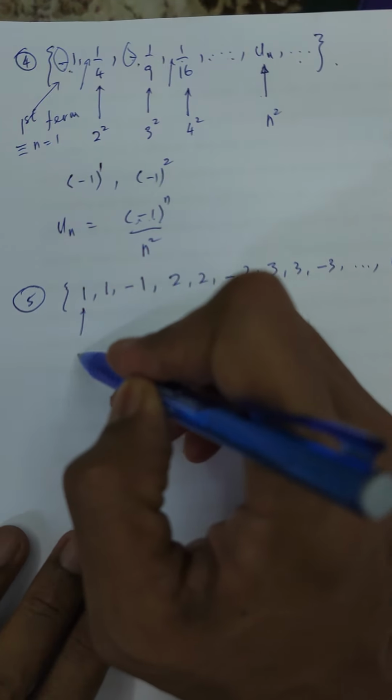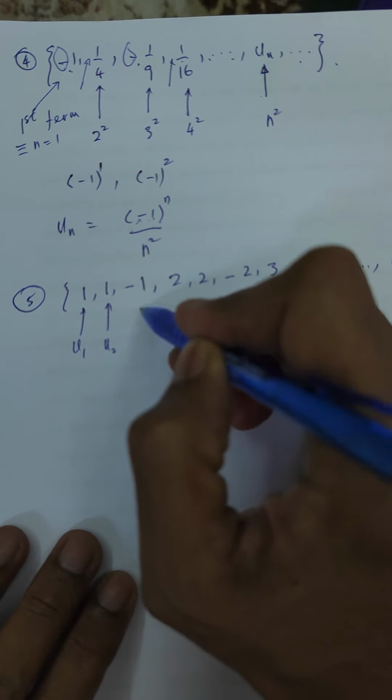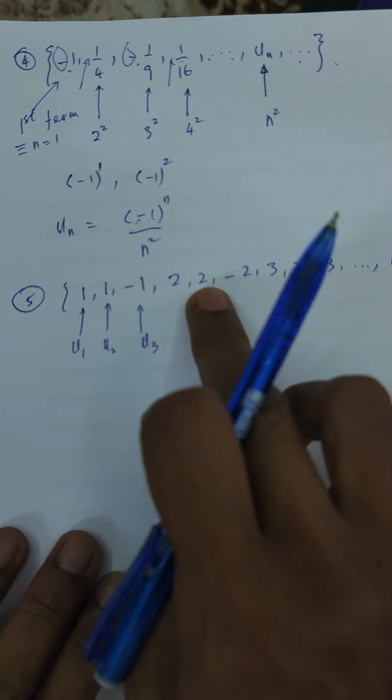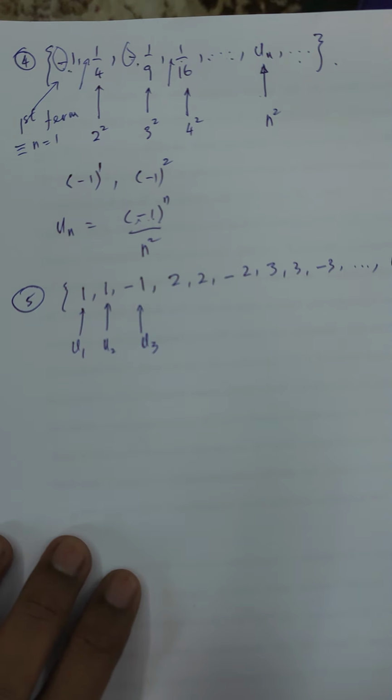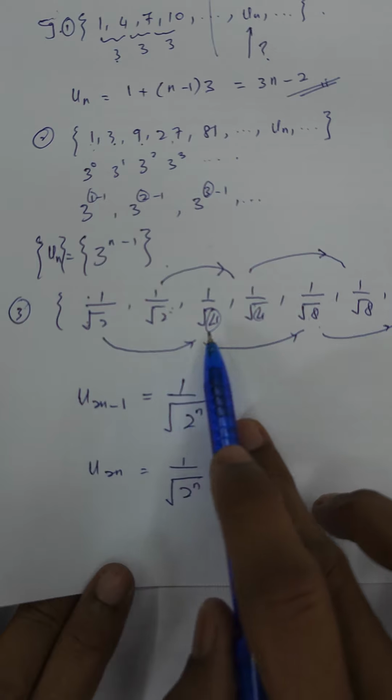We know that this is our u1, this is our u2, this is our u3. For the repetition of terms like this, as we discussed earlier in example number 3, we look where the change starts.